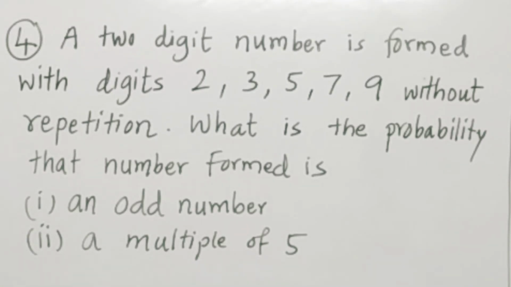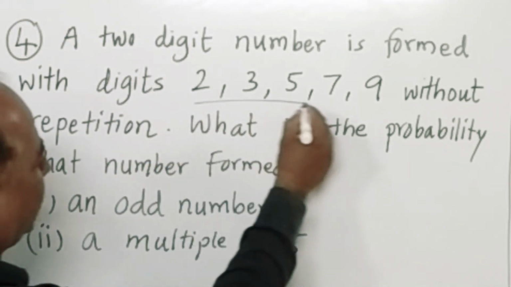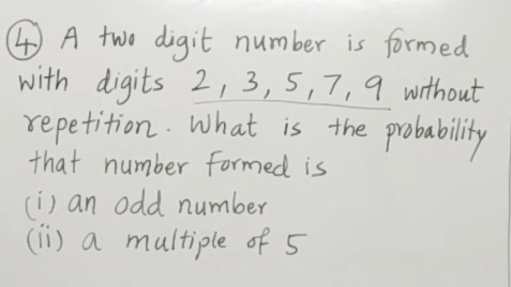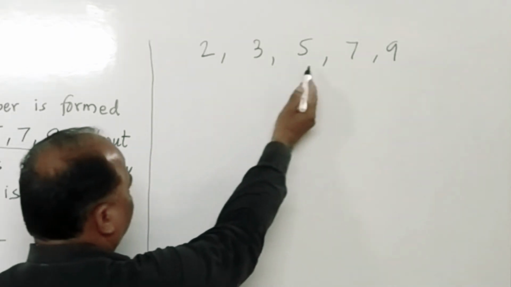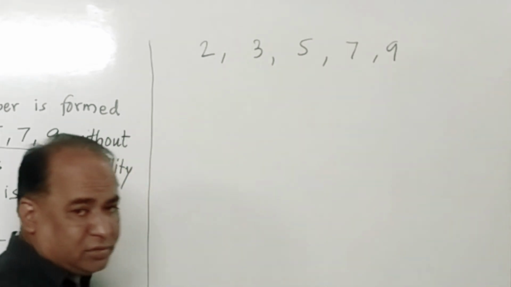Fourth example. A two-digit number is formed with the digits 2, 3, 5, 7, 9 without repetition. What is the probability that the number formed is an odd number, and that the number is a multiple of 5? First we will find the sample space using the digits 2, 3, 5, 7, 9.